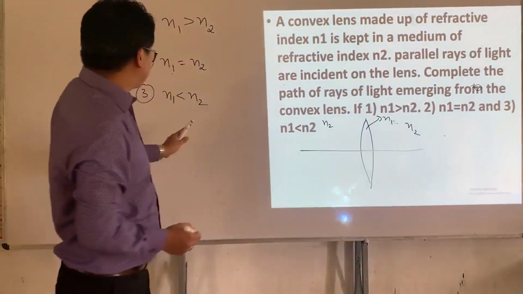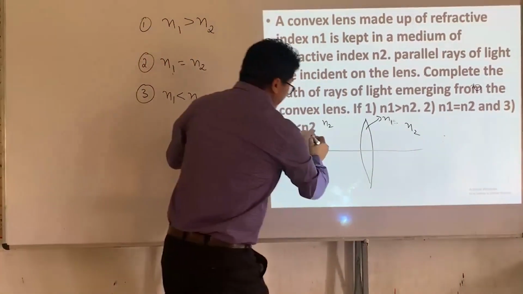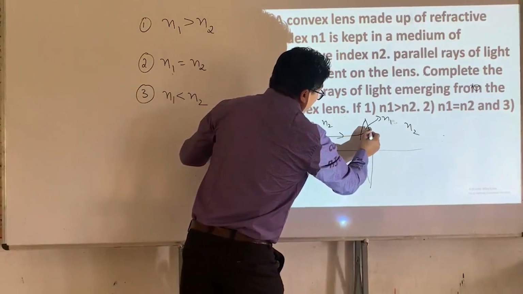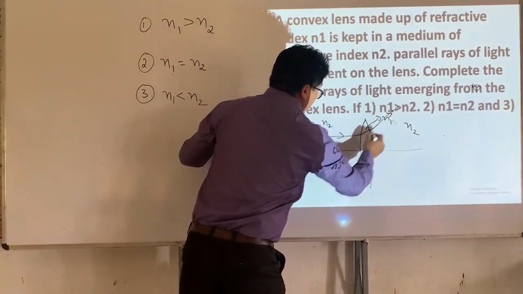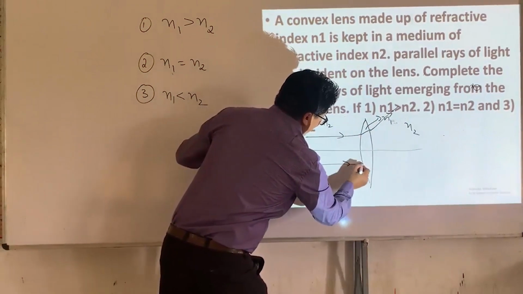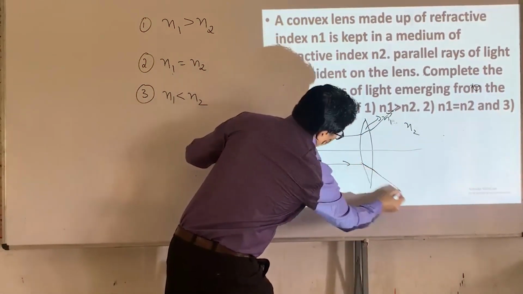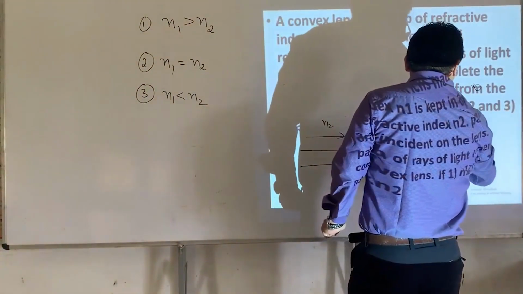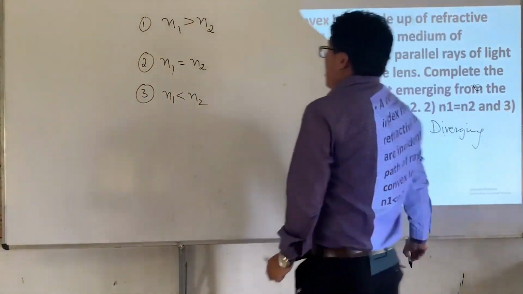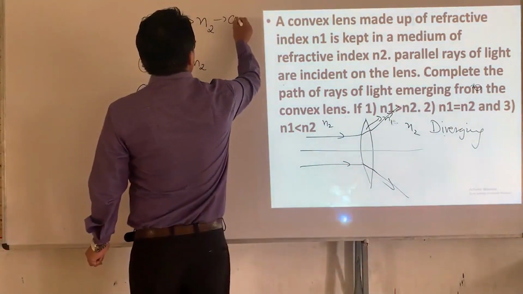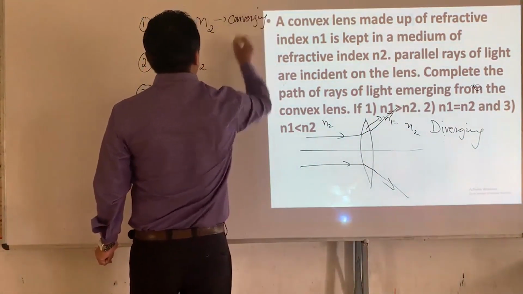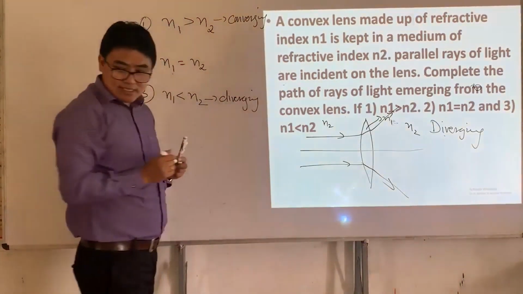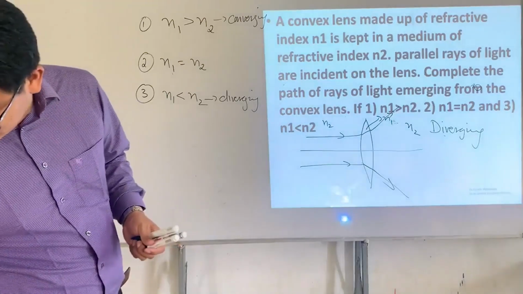So N1 is less than N2. So look at here, this goes like this, then away from the normal, then towards the normal, then away from the normal, then towards the normal. So this is diverging. And this is converging, and this is diverging. Okay, so this is the case.